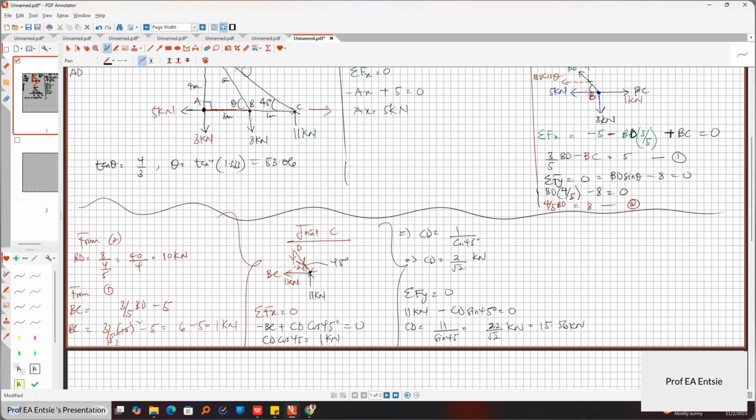So this one, you can use either of them to find it. I found it using this. So what it means is if we find 2 over root 2, we'll be getting the same thing, so you can use any of them to find.